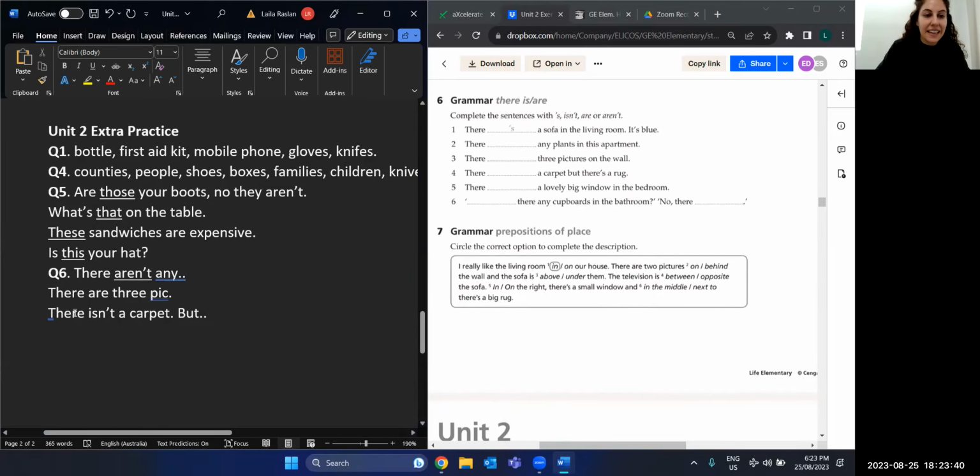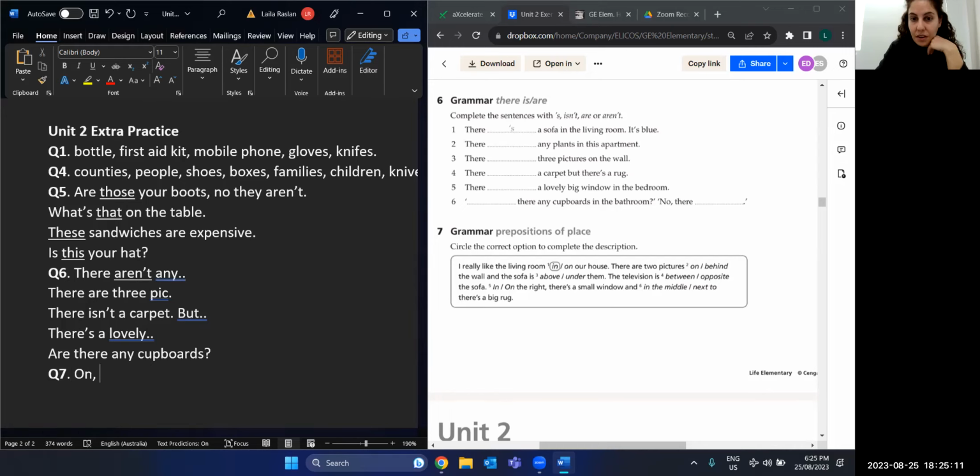Okay, we'll finish with number 7. Circle the correct option. I really like the living room in our house. There are 2 pictures on the wall. Yeah, something is always on the wall. And the sofa is under them. Yeah. It can't be above in the ceiling. It has to be under.